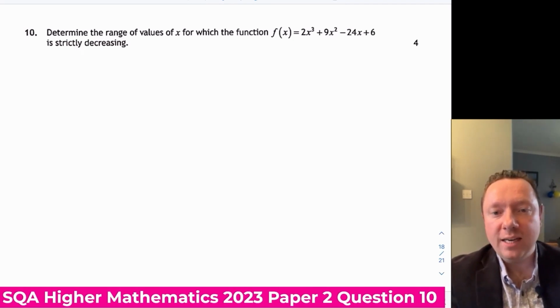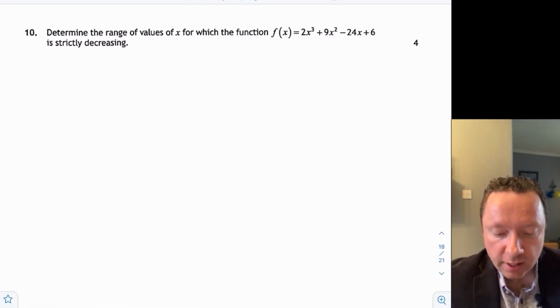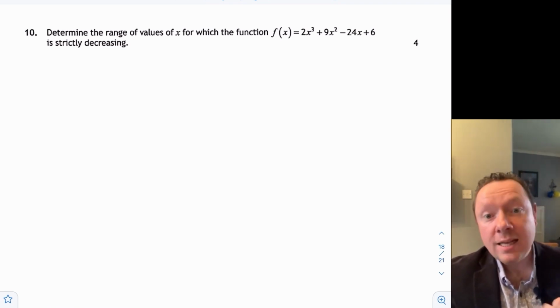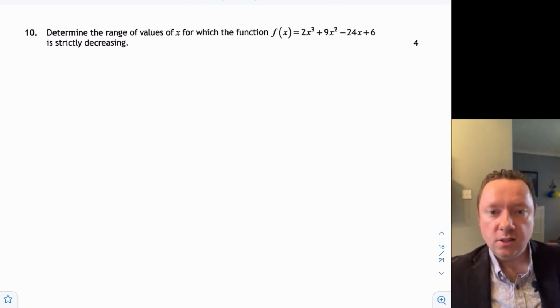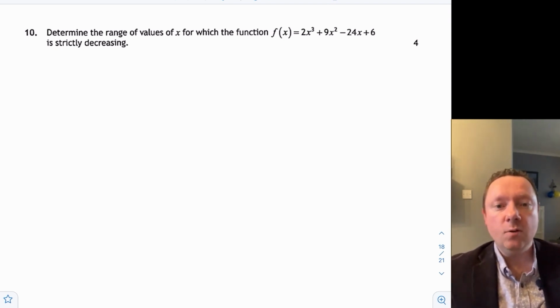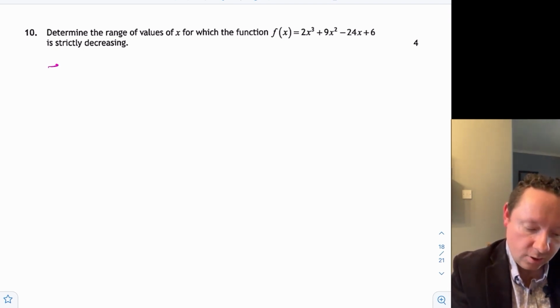SQA Higher Maths 2023, Paper 2, Question 10. Determine the range of values for which the function f of x is 2x cubed plus 9x squared minus 24x plus 6 is strictly decreasing. There's actually two ways to do this. Both involve stationary points. If you get the stationary points, you can then examine the graph to see where the derivative is negative, or you can just examine the nature of the stationary points. So let's look at the stationary points first. Stationary points occur when f dash x is 0.